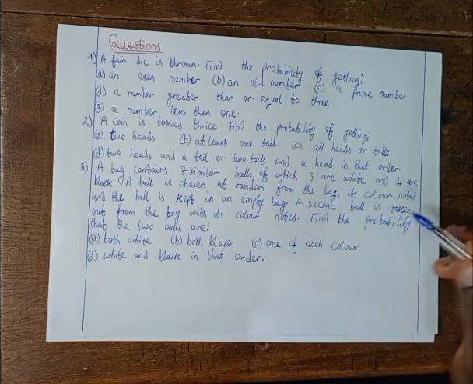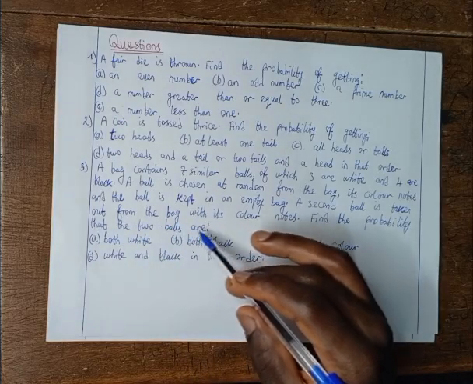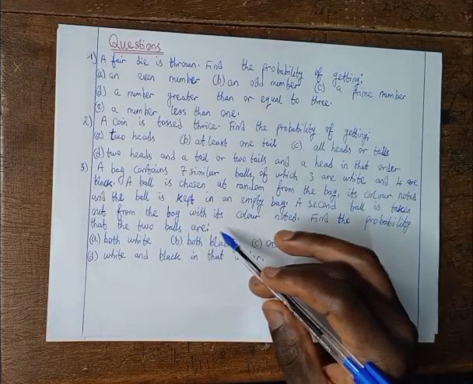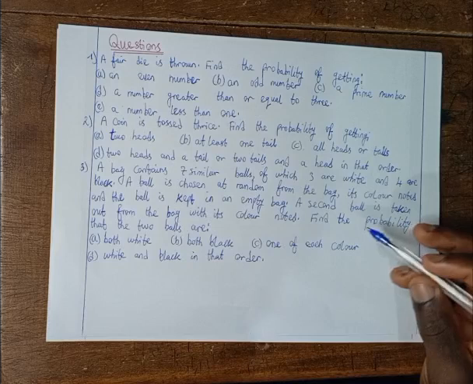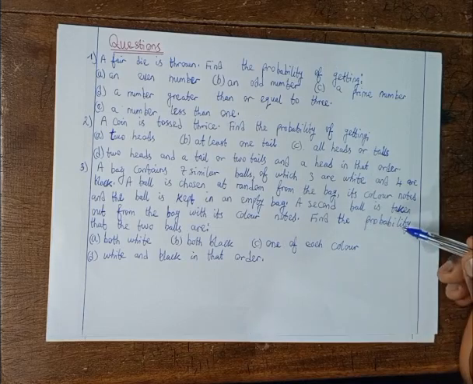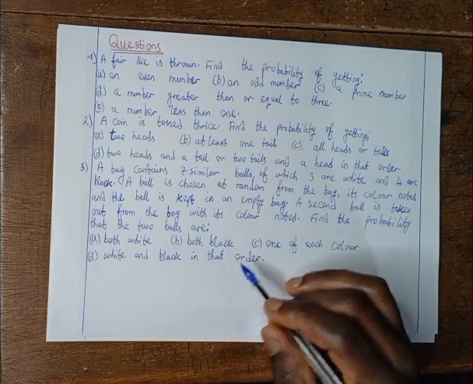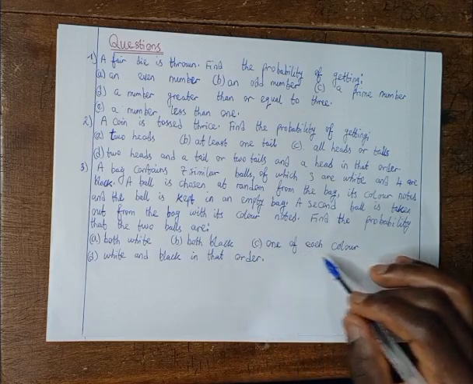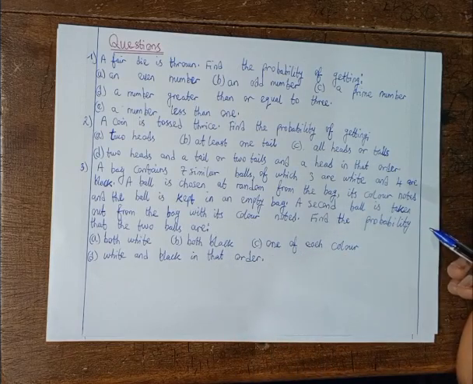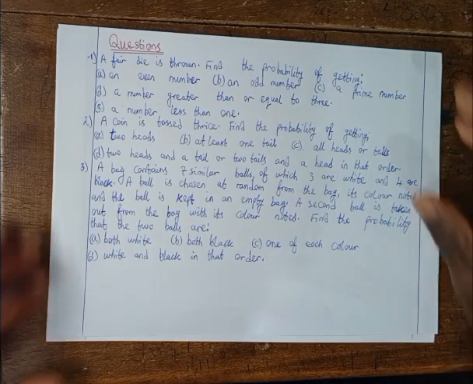A second ball is taken out from the bag, that means from the same bag, with its color noted. Find the probability that the 2 balls are both white, B, both black, C, one of each color, D, white and black in that order.